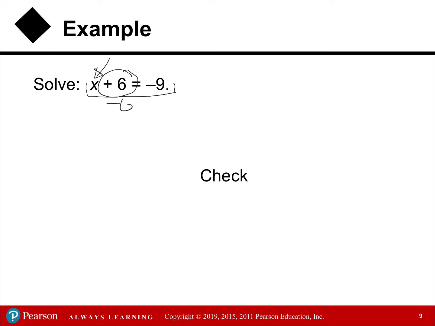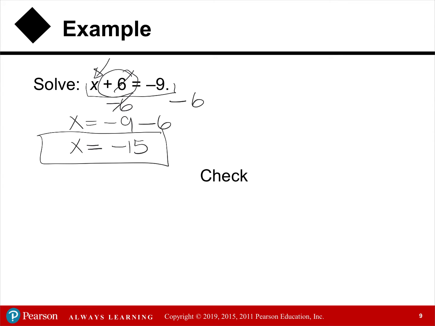So we're going to subtract 6 from both sides, and then rewrite it. What you do to one side, you always have to do to the other side so it doesn't get jealous. Then negative 9 minus 6 is negative 15. And this is my answer.